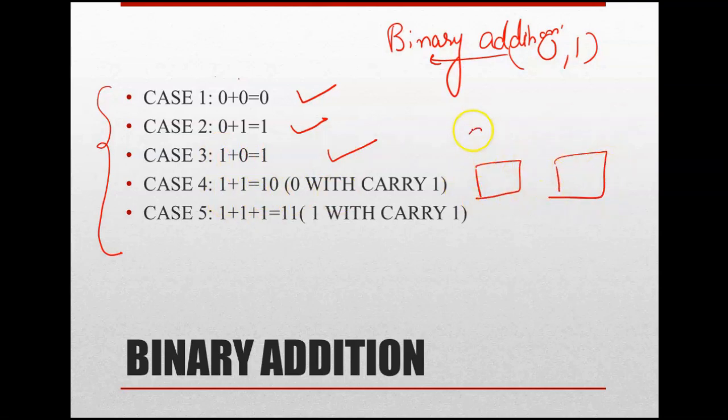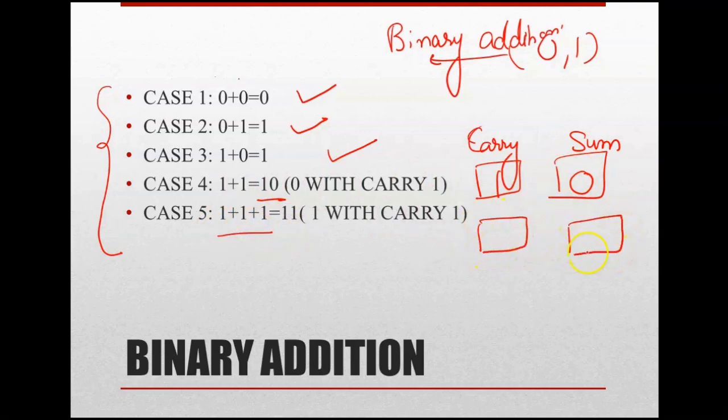This is the carry part and this is the sum part. This is a 2-bit answer. The rightmost is the sum part and carry is 1. If you have 3 ones being added, the carry and the sum are both 1. So these are the 5 rules which you have to follow in binary addition.